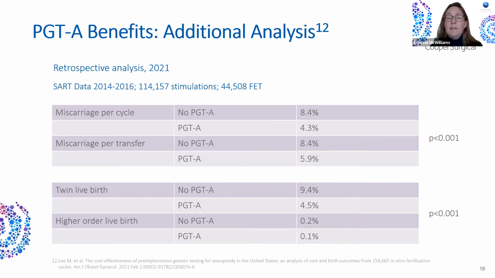I'd like to highlight today one very recent study that did this, looking at SART data from 2014 to 2016, and looked at both clinical outcomes as well as cost benefits with PGT-A testing. Not mentioned here, but the authors did find that from looking retrospectively, for patients that did receive PGT-A, there was improvement in live birth rates.